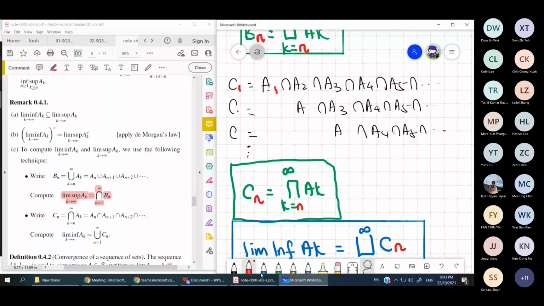Sorry, this is N, and the red color is N. The red color is 3, so we begin with 3. So with K beginning with 1, 2, 3, and so on. For C2, K begins with 2, and so on. This is the way to do it.